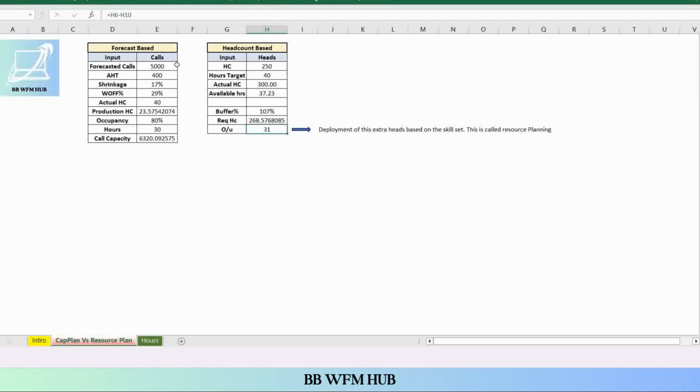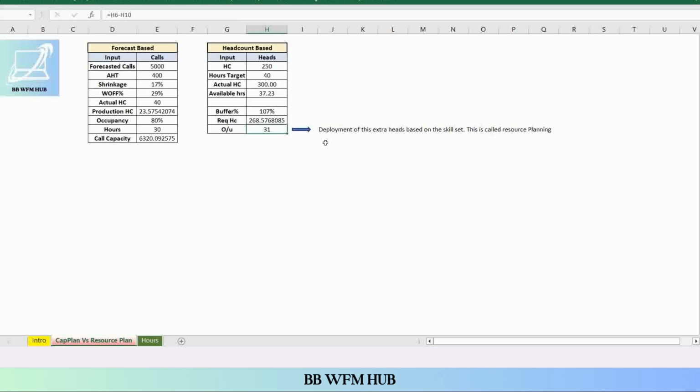So this is the forecast based planning, and this is the headcount based planning. Now these 31 heads are extra. The process of deploying these extra heads based on the skill set in different departments or different campaigns is called resource planning. Resource planning is not restricted to just headcount. It can be any resource.